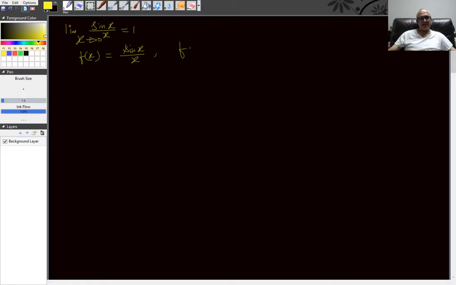at x equal to 0, this becomes sin 0 divided by 0, which is 0 divided by 0, which is undefined. But the limit is equal to 1 and not undefined.